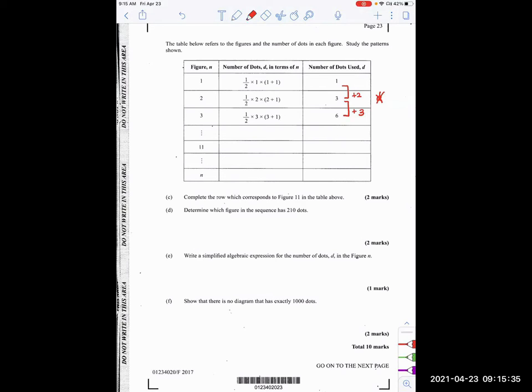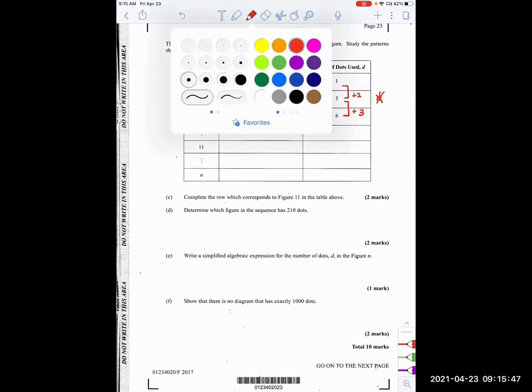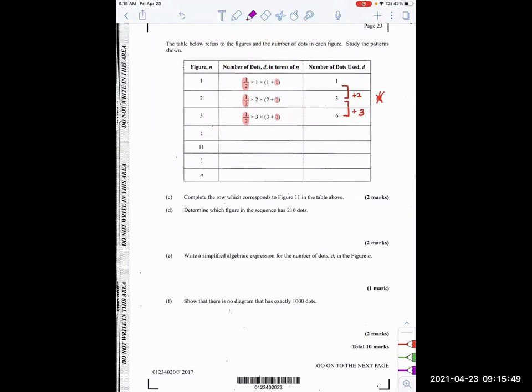So I have a half common, right? Then I have 1 common here. And observe that these numbers, 1, 2, 3, are the numbers here.